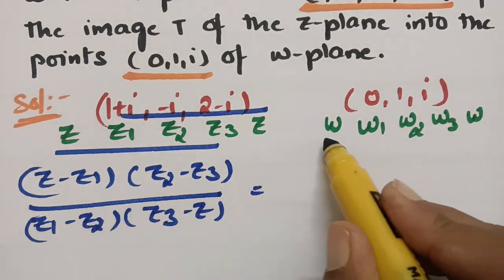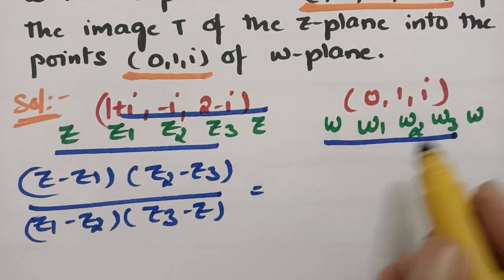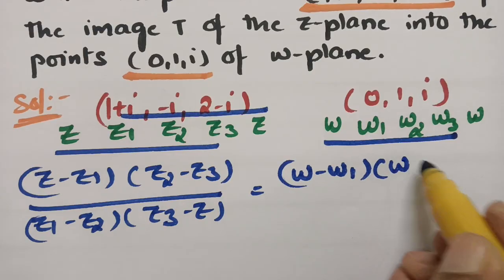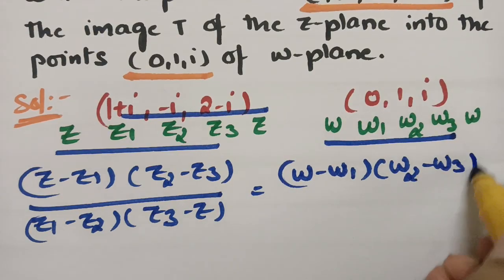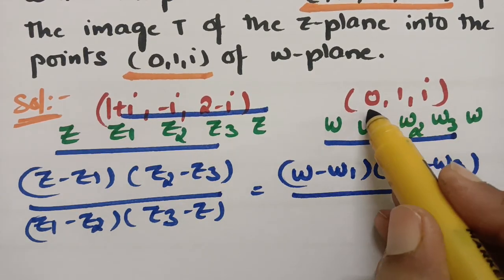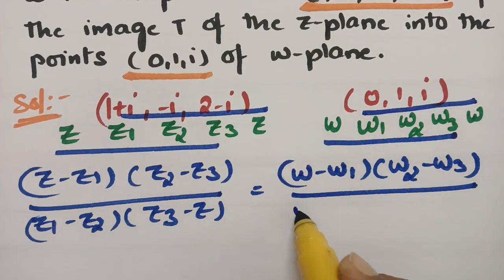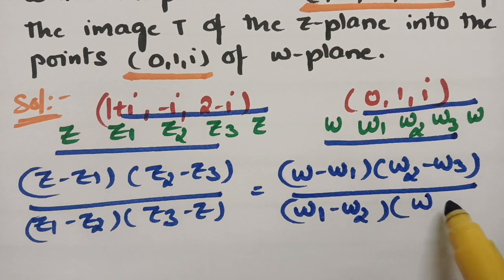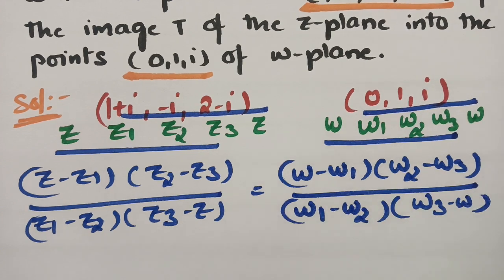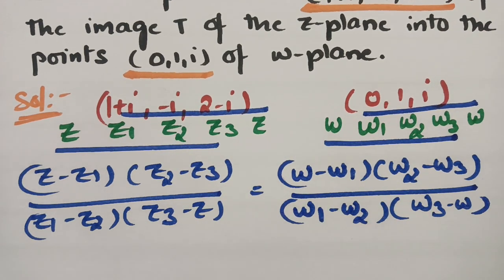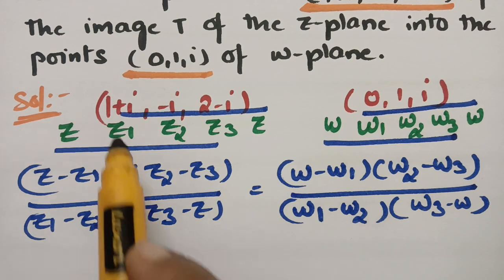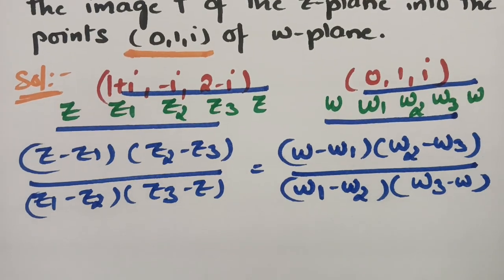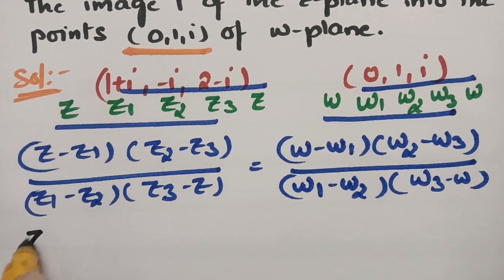Here also the same thing. First we take the 4 points, that is w minus w1 and w2 minus w3, divided by, later the 4 points w1 minus w2 and w3 minus w. Now I have to substitute all the values here, as this is z1, z2, z3, this is w1, w2 and w3.